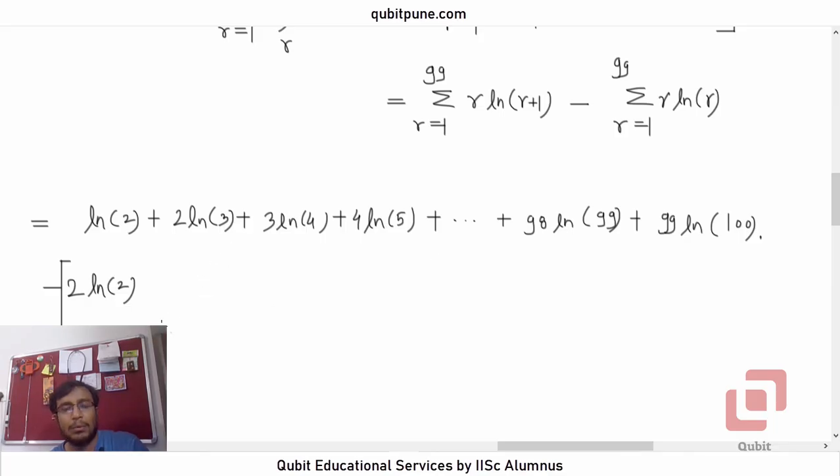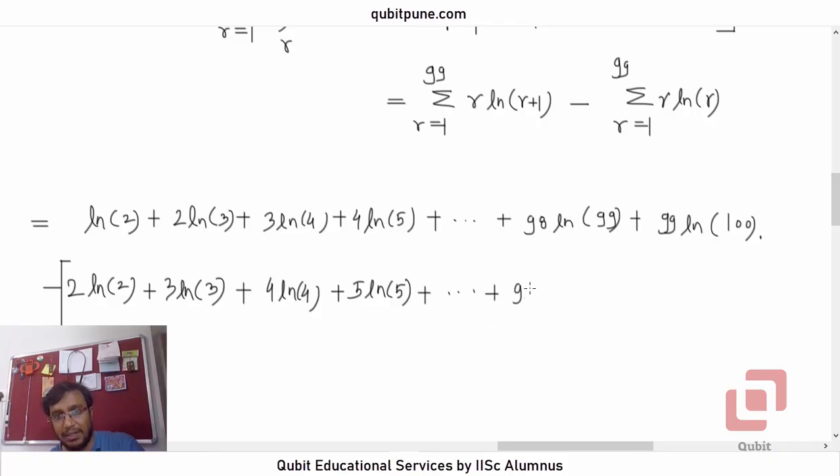Okay, now r is 2, so 2 ln 2, that's done. r is 3 now, so it will be 3 ln 3. Then 4, so 4 ln 4. Then 5, so 5 ln 5. Until when r is 98, it will be 98 ln 98, so let me not write it. When r is 99, it will be 99 ln 99.